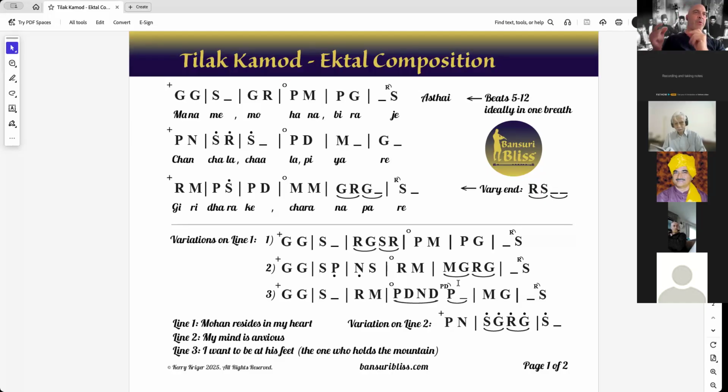Then we could even put that ornament on re ma pada pada pa, re ma pada pada pa. Pada pa.